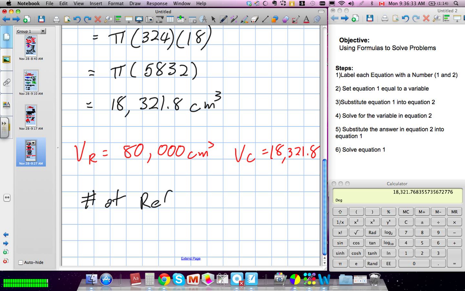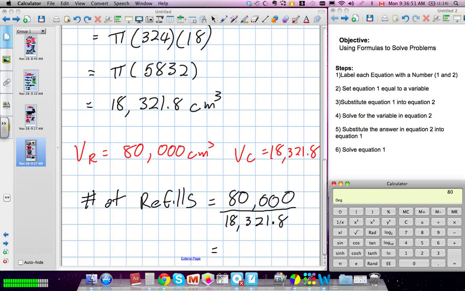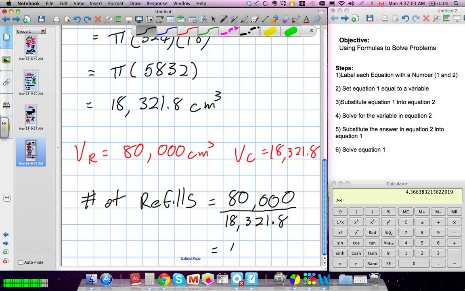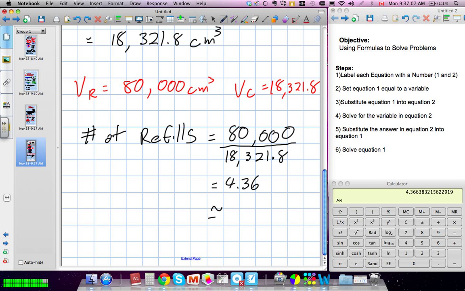So we're going to take our 80,000 and we're going to divide it by the volume of our cylinder, which is 18,321.8. We put these two in a calculator. We get 80,000 divided by 18,321.8. We get 4.36. Could say is approximately 4.4.